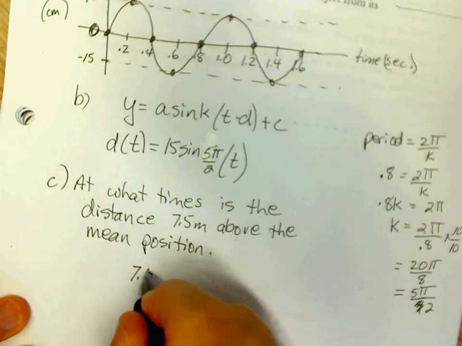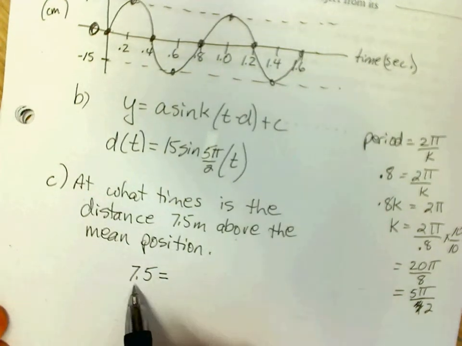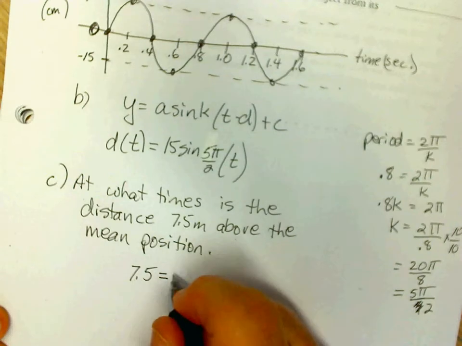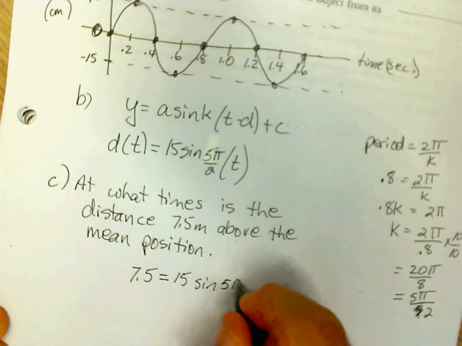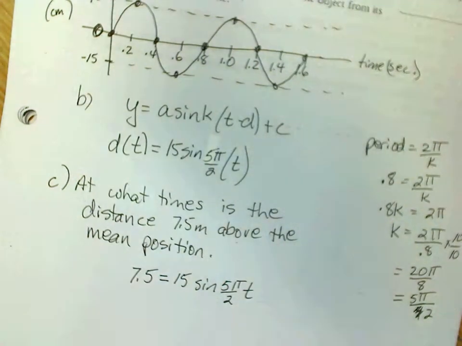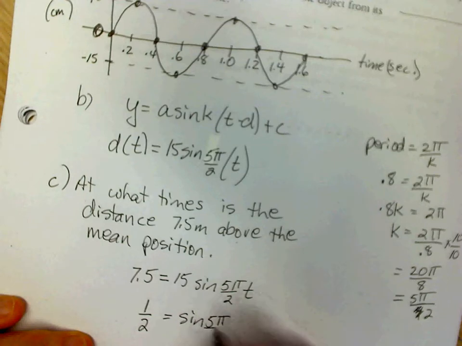So this is 7.5 equals 15 sine of 5 pi by 2t. So 7.5 divided by 15 is 1/2. So when does sine equal a half?